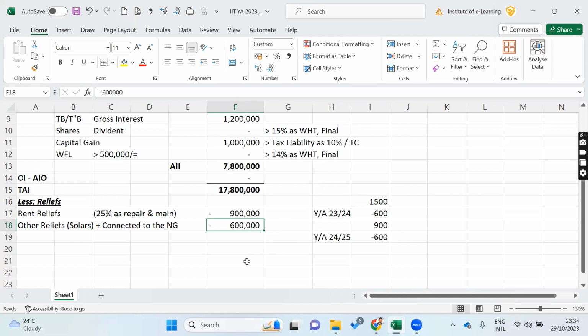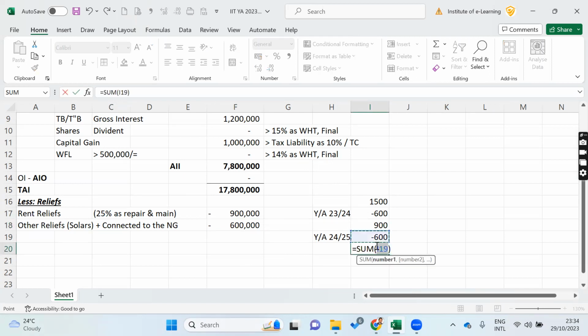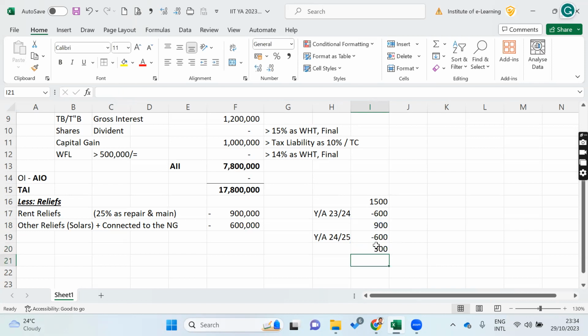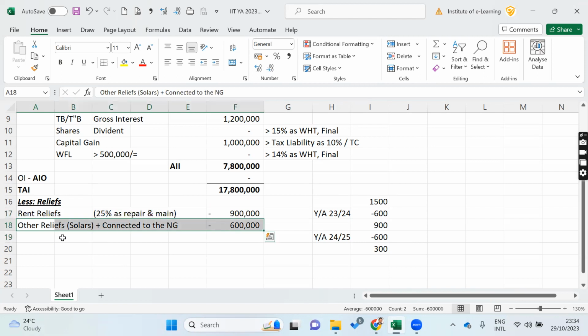Otherwise, you can continue claiming until it becomes zero. In the subsequent year after this claim, you will get 300, and 25, 26 will claim 300 only. Likewise, solar relief. Here it is very important that it should be connected to the national grid.